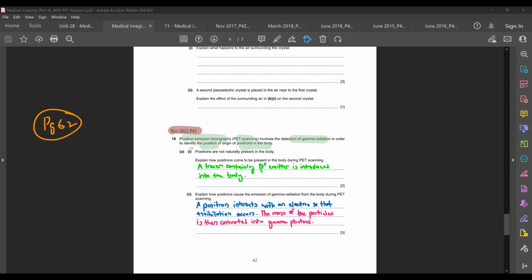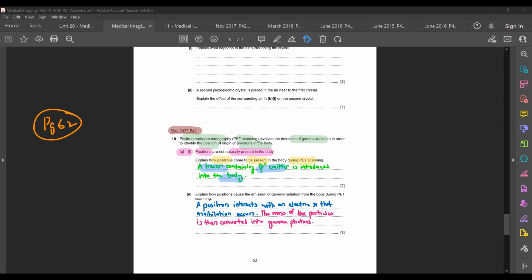So in the first part, positrons are not naturally present in your body. Explain how positrons come to be present in your body during PET scanning. All right. So how did they suddenly have positrons in your body? As mentioned just now, you had to specifically inject a tracer that emits beta plus particles into your body.